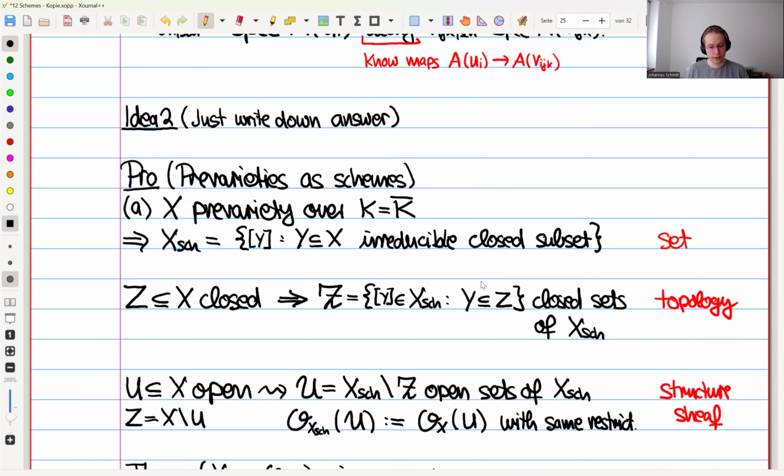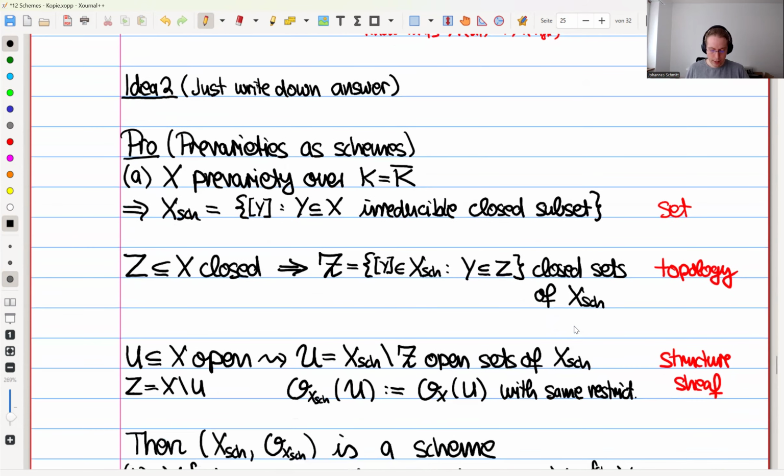Then on the level of topology, there's a very tight connection, because for any closed subset Z inside X, you get a curly Z inside X scheme, and it's just these points [Y] such that this irreducible closed subset Y of X is actually contained in the closed subset Z. So any closed subset of X gives a closed subset of X scheme. And you just say the topology is that these are exactly all the closed subsets. So this tells you what the topology on X scheme is.